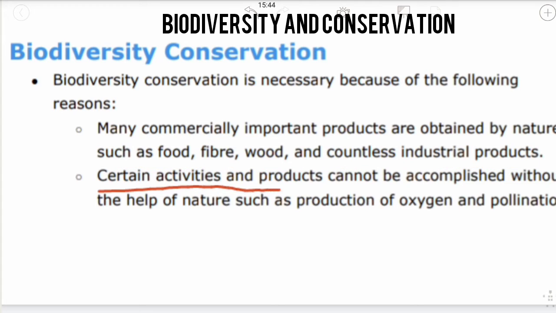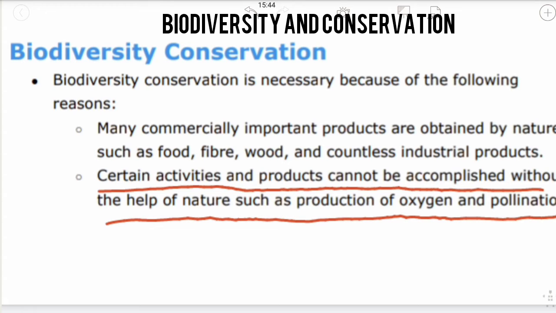Certain activities and products cannot be accomplished without the help of nature, such as production of oxygen and pollination. From nature we get oxygen. Without nature, you cannot get oxygen, and pollination is the process where there is a transfer of pollen grains from anther to stigma. This is impossible without the help of nature.